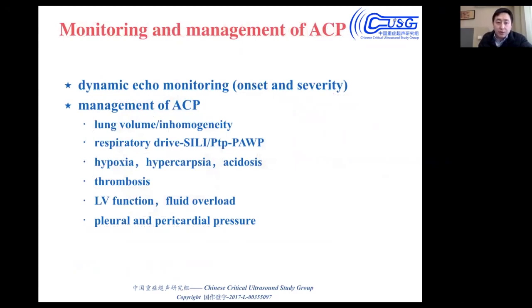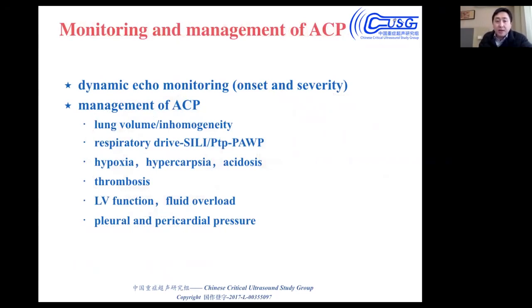Firstly, we should do dynamic echo monitoring to find the onset of ACP as early as possible. And we should evaluate the severity of ACP, which leads us to careful treatment.